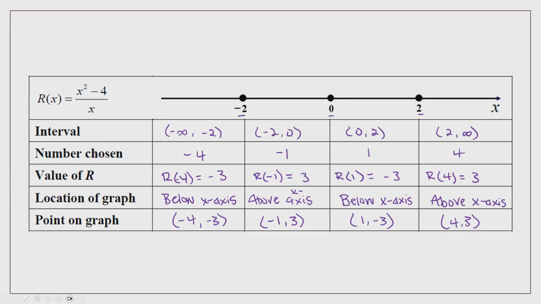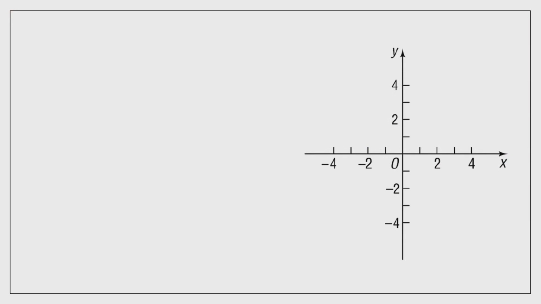Nice. Now that we have 4 additional points, we can graph our function. We know that we have a vertical asymptote when x equals 0, which is equivalent to the y-axis.